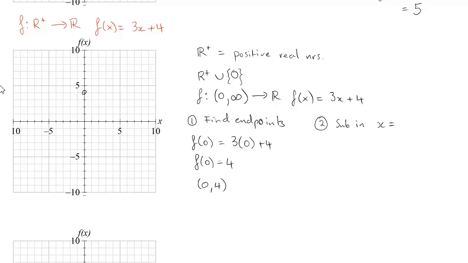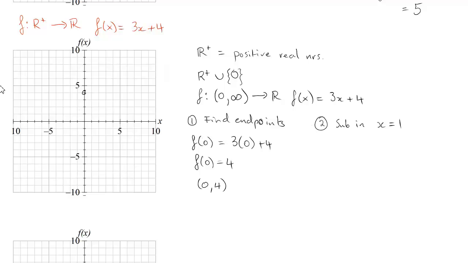So say x equals 1. And the reason why I'm not finding the x-intercept is because this graph is actually going to be going that way. It's not going to be going that way. And so there won't be any x-intercept, okay? So very important to understand that there actually won't be an x-intercept because the graph begins from this point here.